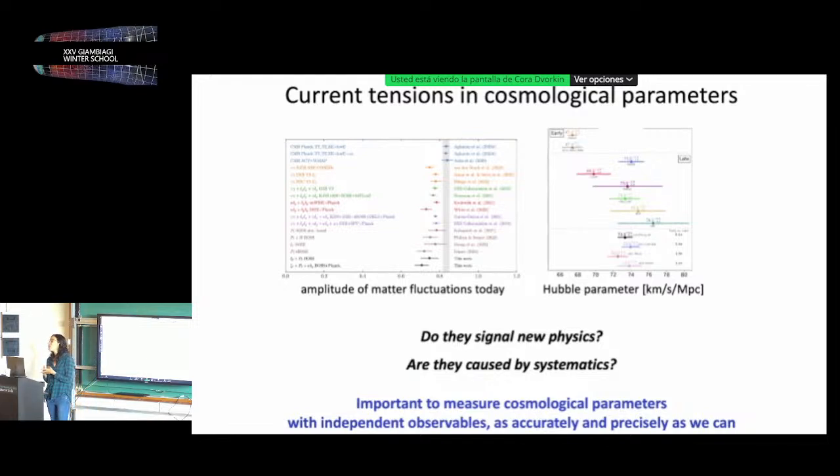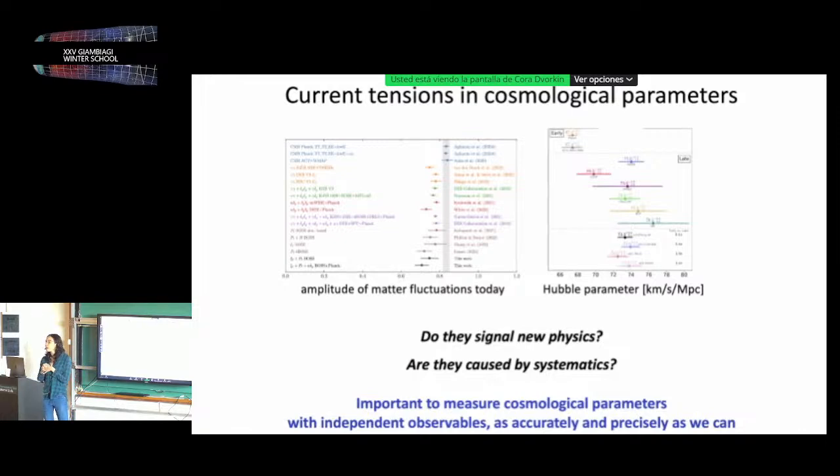In the last few years, several tensions in the values of cosmological parameters as measured from different data sets have emerged. Well, I should say in the last many years, but in the last few years they have emerged with more significance. Have you talked about cosmological tensions in some of the other lectures? Yes? Okay. In the discussion session, yes, I was there.